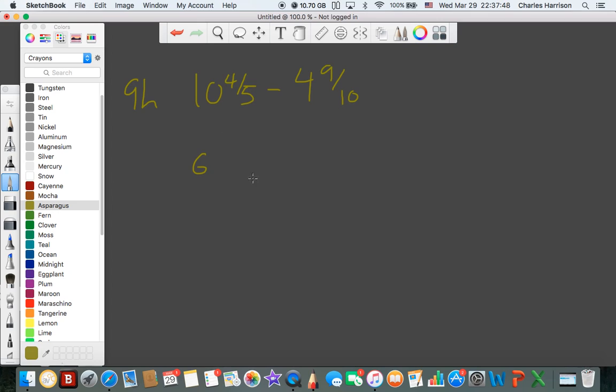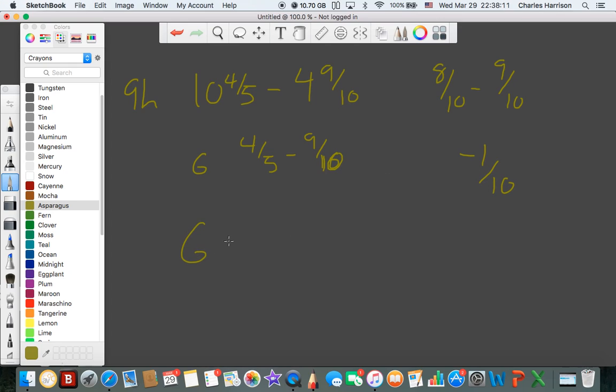And then we have 4/5 minus 9/10. The common denominator here is a 10. So we can times top and bottom of this by 2, which turns into 8. So we'll say 8/10 minus 9/10. And that's going to give us a negative 1/10.